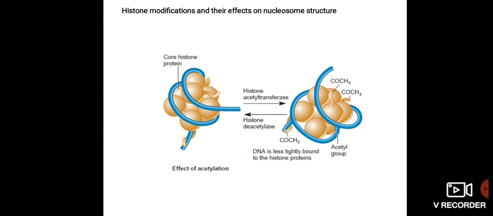You can see how exactly the remodeling happens, how it is going to affect the DNA availability for transcription. You can also see the package: tightly packed earlier, the core histones, and when the remodeling happens they become more loosely bound.